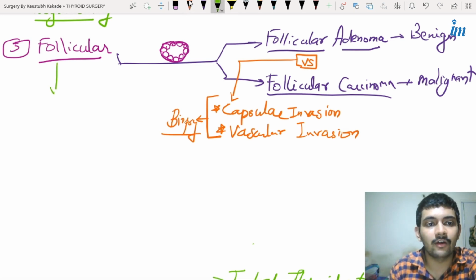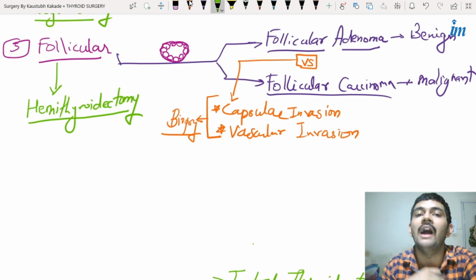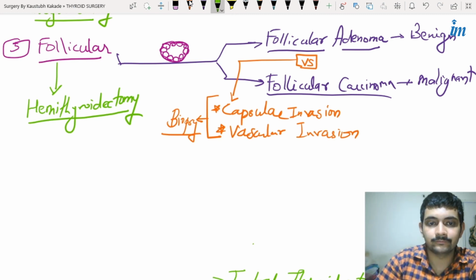So if it comes out to be follicular, what to do? You are going to do a hemithyroidectomy. Half of the thyroid is removed.